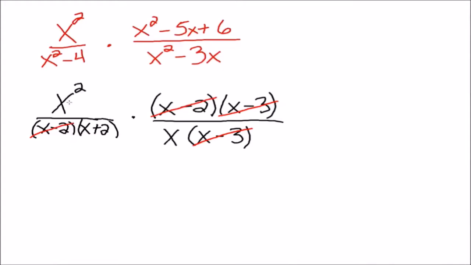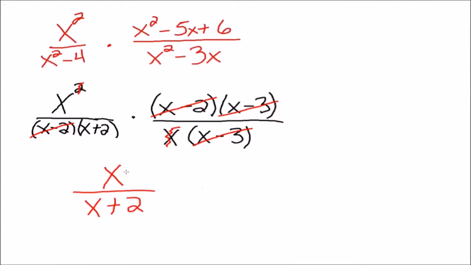So now we're left with x squared times 1 all over x plus 2 times x on the bottom. But if you notice, we've got an x squared on top and an x on bottom. So that means one of these x's can go away and leaves just one x up top. So you have x times 1, which is just x, and in the bottom you're left with just x plus 2.